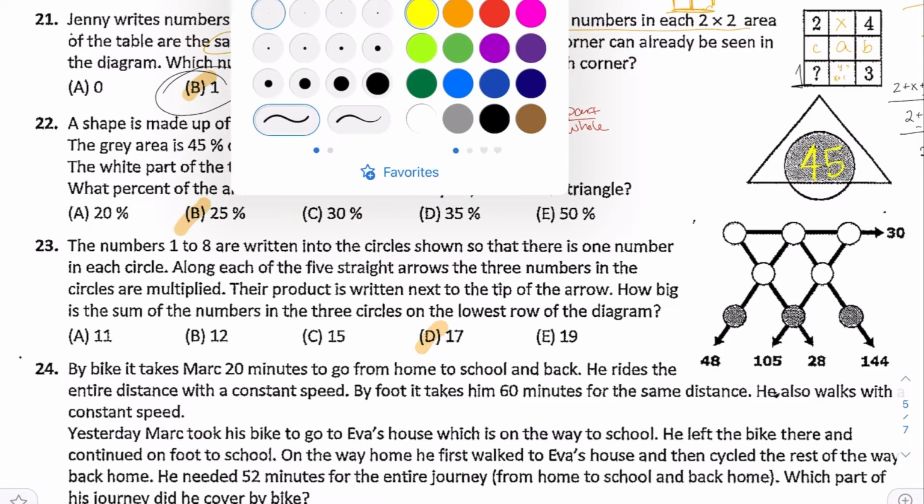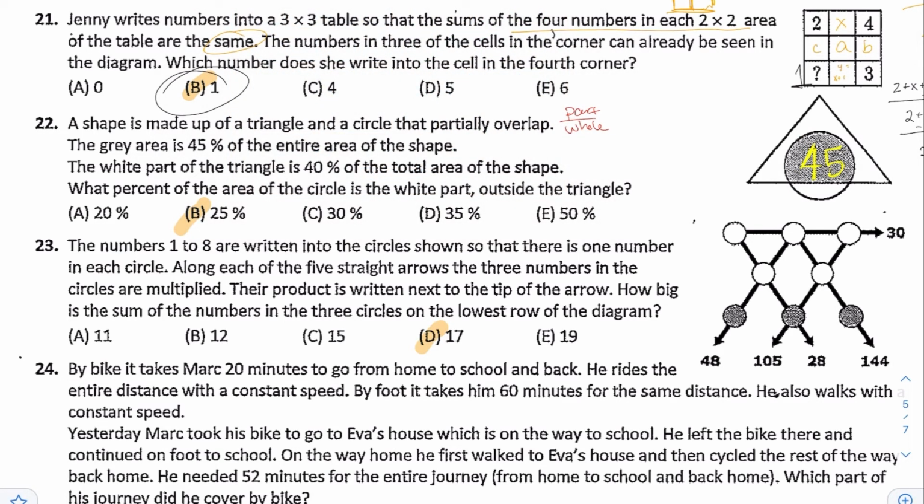Whereas the white part of the triangle is 40% of the total, so that's this part here. So if you add 40 plus 45, you get 85, and 100 minus 85 is equal to 15. So this last remaining part is going to be 15% of the total.